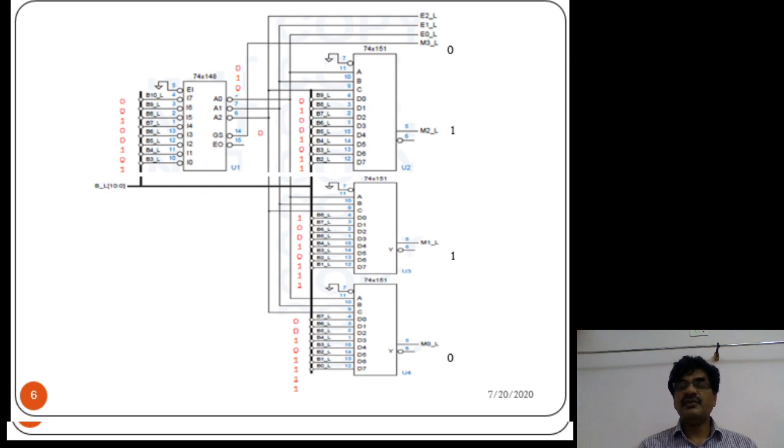Now based on this data, you know where the exponent position is. The output of the encoder decides the exponent value.